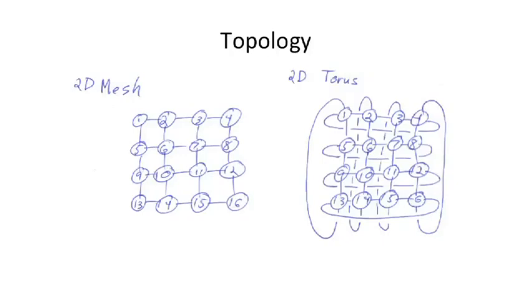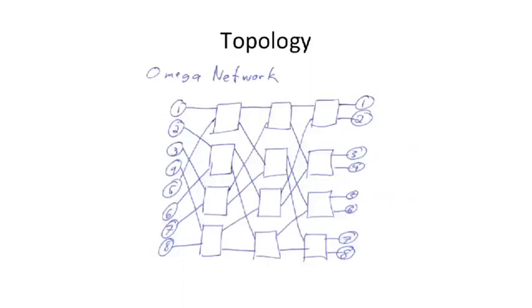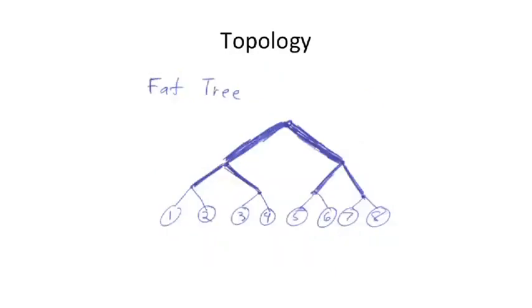You can have crazier things like 2D meshes, 2D toruses. You can have cubes and hypercubes. You can have fully connected topologies. You can have things called omega networks, which are multi-stage networks, where you can basically communicate from any place to any other place in multiple stages and multiple clock cycles.